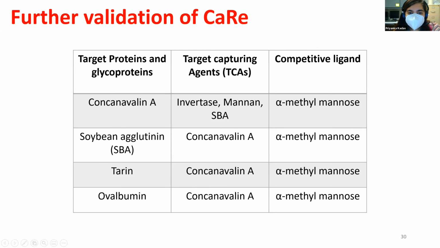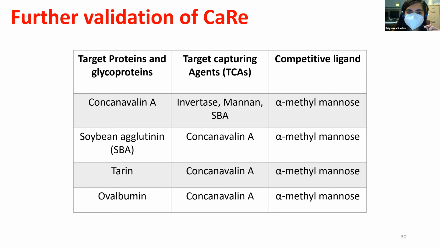Next. Along with galectin-3, we also further validated this capture and release technique by targeting and purifying other proteins and glycoproteins. In column number 1 is a list of all the proteins and glycoproteins that we purified using CARE.